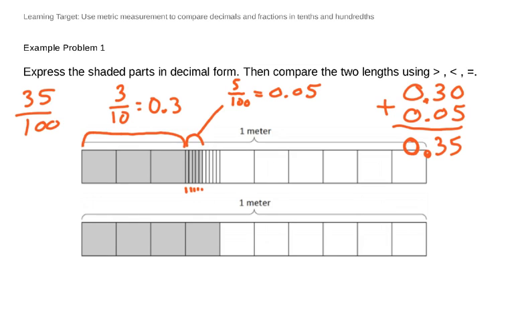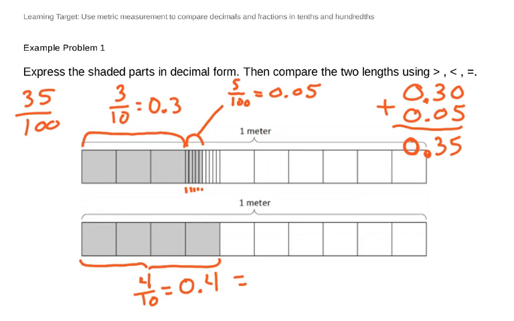And then down below, there's 4/10, or that's 4/10 like that. You could also say that's 40 hundredths.